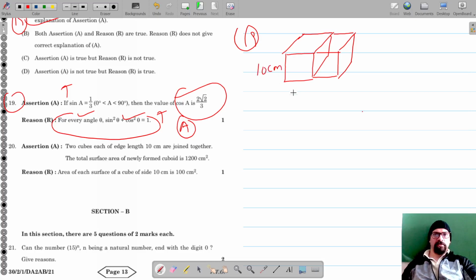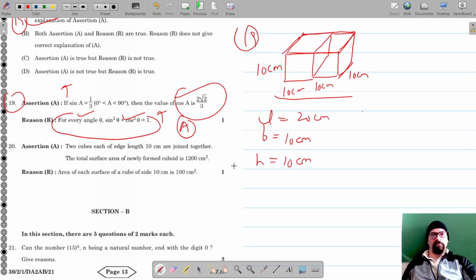This is 10 centimeters, this is 10 centimeters, this is 10 centimeters, this is 10 centimeters. And this is the resulting cuboid. It has length 10 plus 10, which is 20, breadth remains 10 centimeters, and height is 10 centimeters.